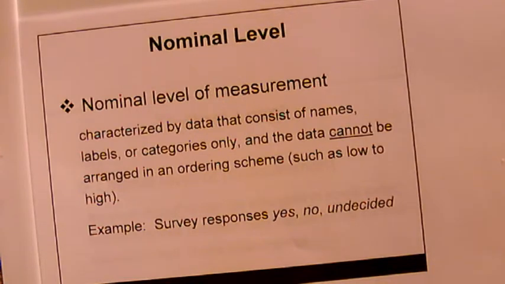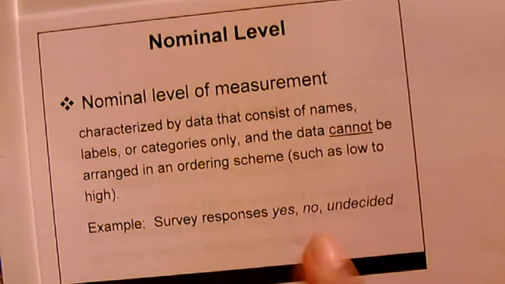For example, the survey responses yes, no, undecided. That's nominal level, because those responses cannot be put in any particular order. We can't come up with a scheme to put yes, no, or undecided.